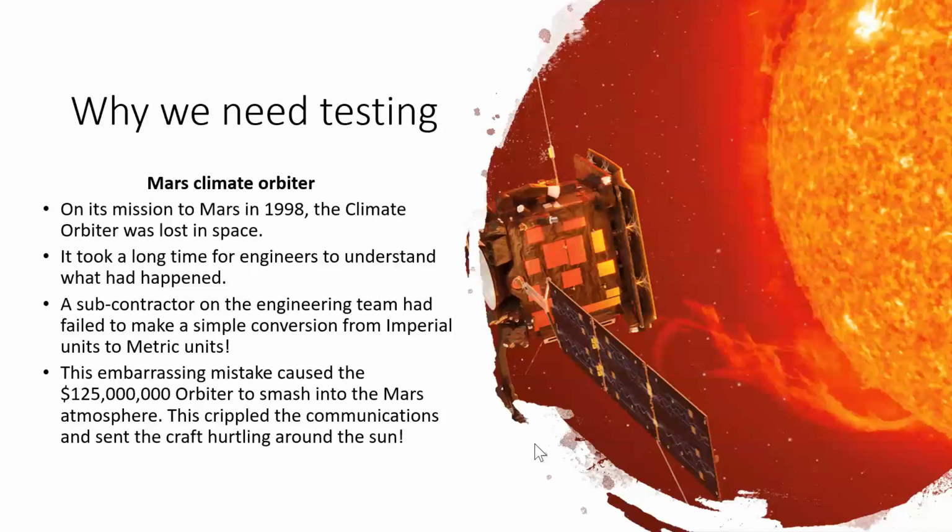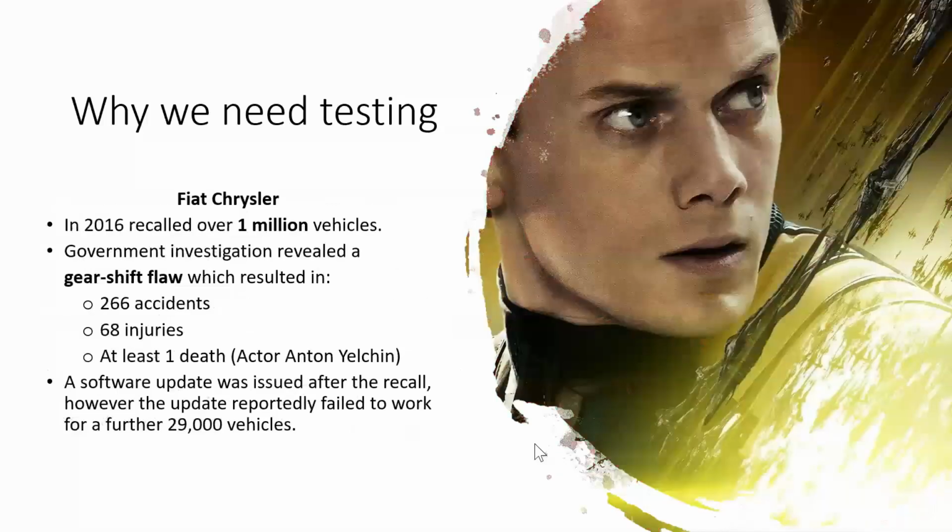So, big mistake. Another one was in Fiat Chrysler. And in 2016, they had to recall over 1 million vehicles. After a government investigation, it was revealed that there was a slight gear shift flaw. And this resulted in 266 accidents, 68 injuries, and at least 1 death.